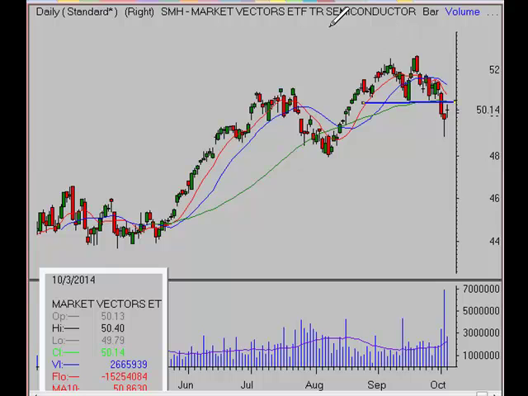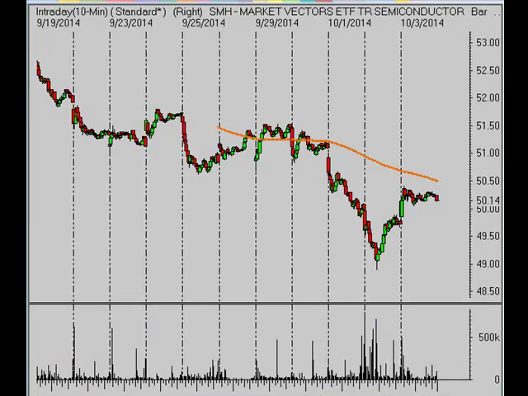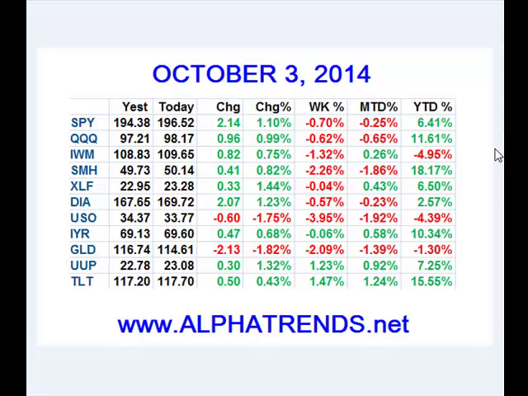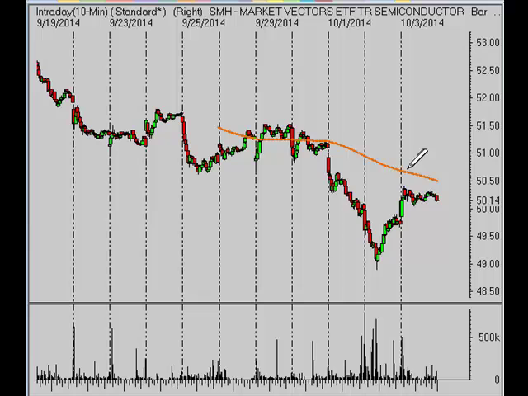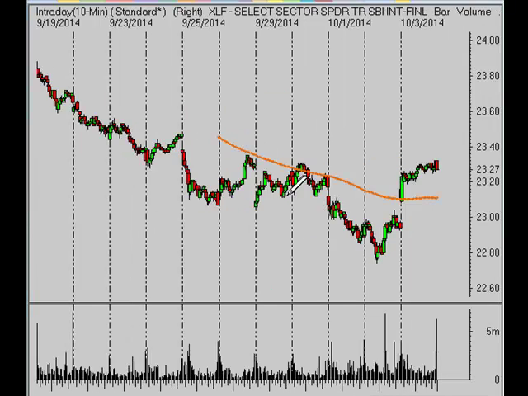It broke down hard through there, and the semiconductors did finish with a loss of 2.25% this week. These guys have been the strongest performer this year, but obviously this month they're not doing very well, and we're below a declining 5-day moving average, so there's no reason to be looking for a place to purchase the semiconductors on balance.